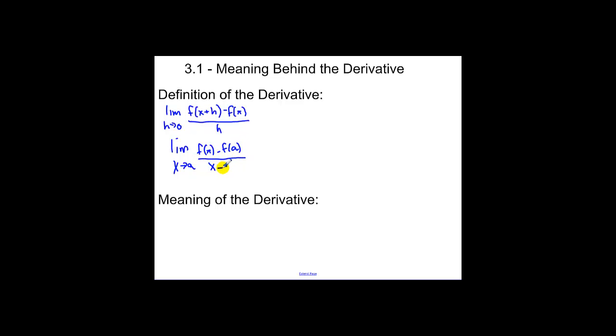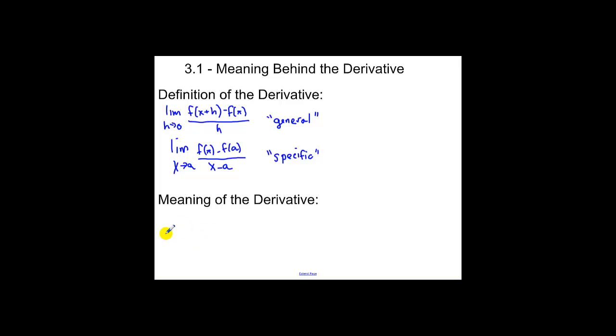Remember, our definitions involved limits. This one was more general, at any point x, versus this one was more specific. So at a certain x value that I give you.